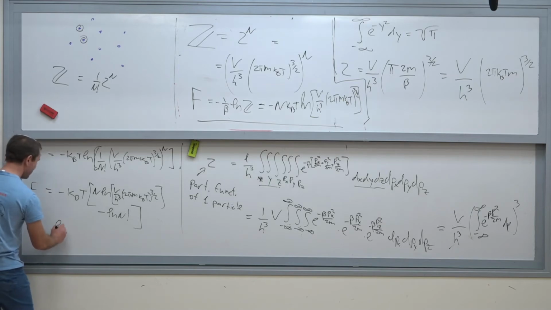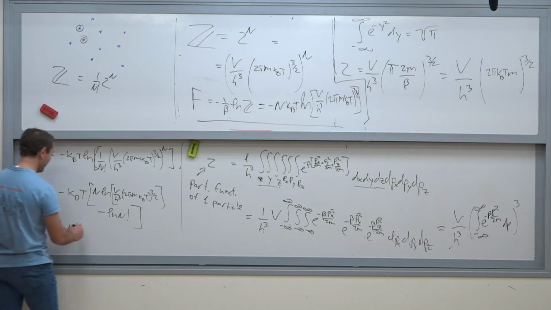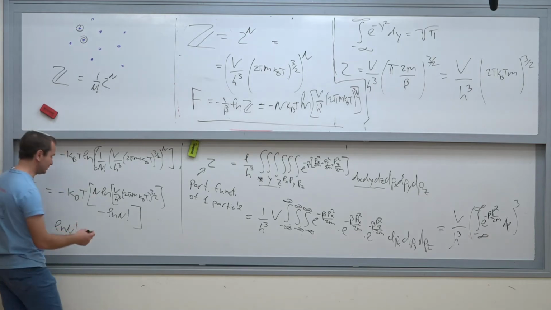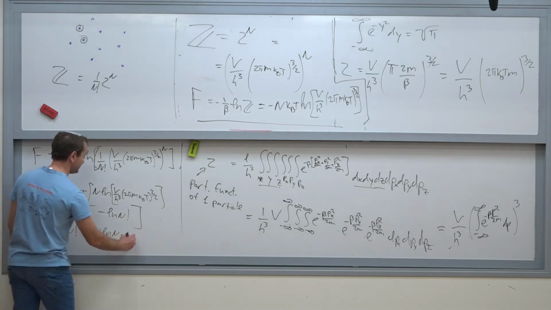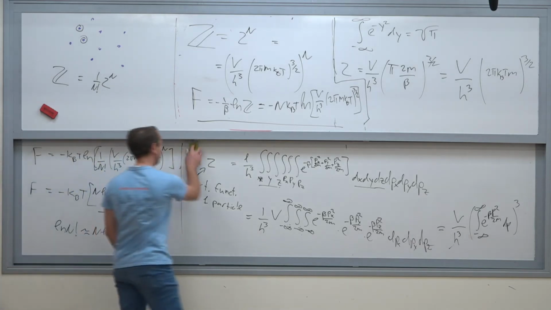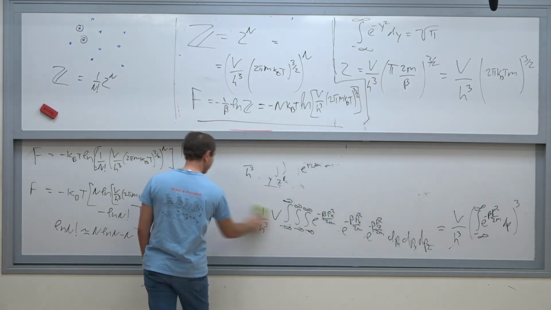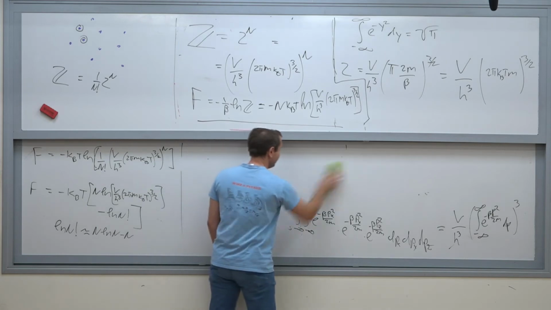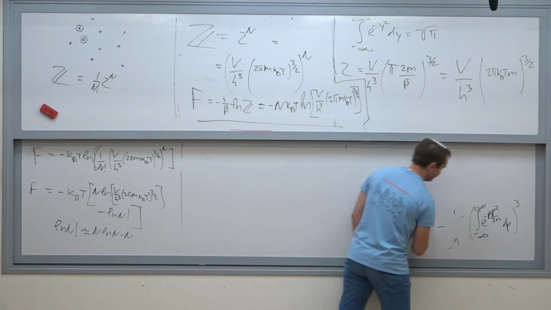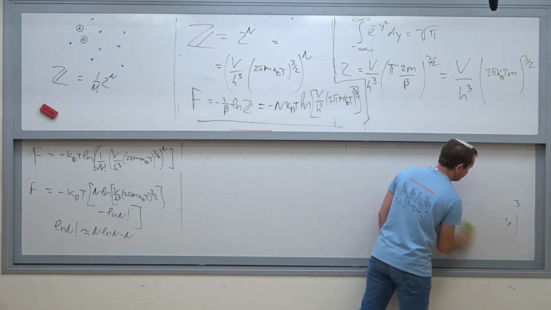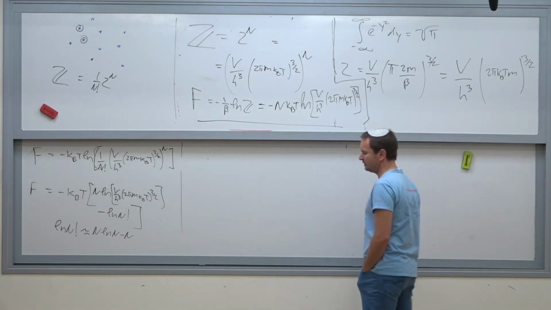Now, we already used several times the Stirling approximation. So log of N factorial in the large N limit is simply N log N minus N. Now, we're going to plug it inside.